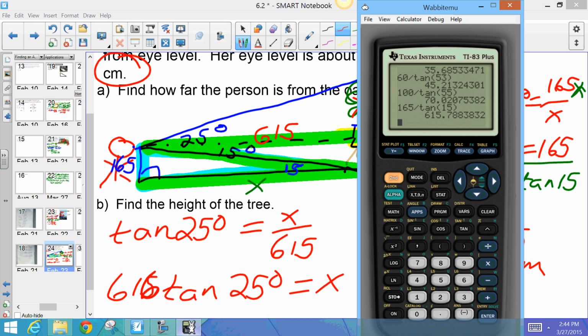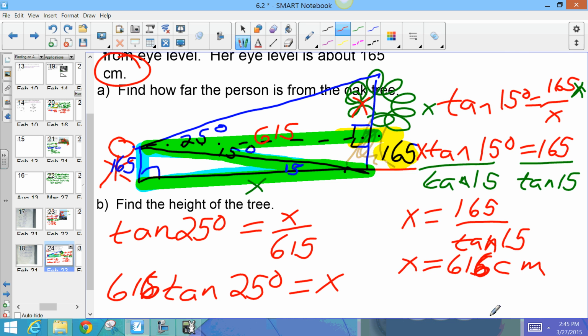So I can just use that existing answer times tangent 25. That gives me 287 centimeters.